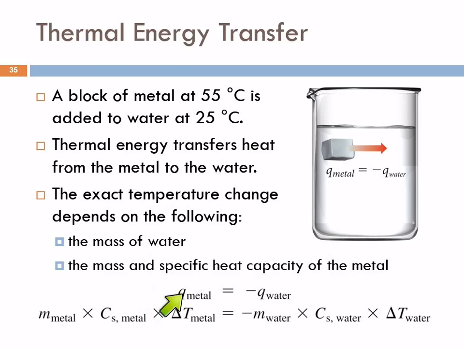So Q for the metal is equal to the mass of the metal, the specific heat capacity of the metal, the change in temperature of the metal. Q for the water is, and here we're dealing with negative because it's opposite in sign, mass of the water, specific heat of the water, change in temperature of the water. Does that make sense?